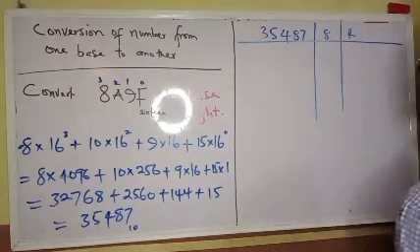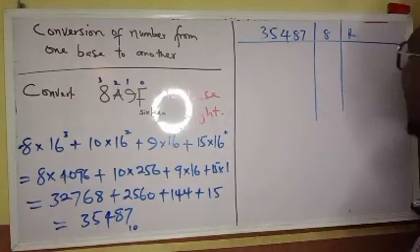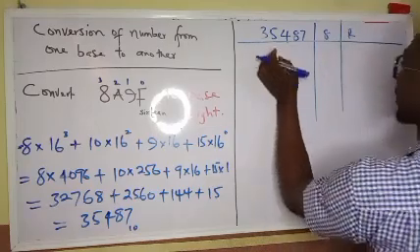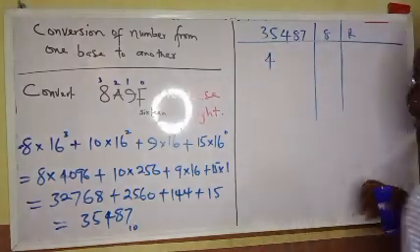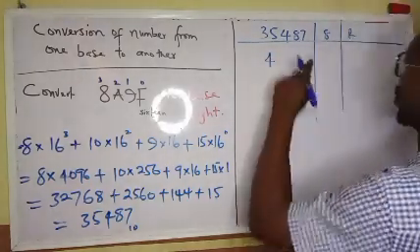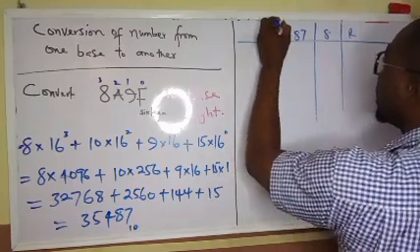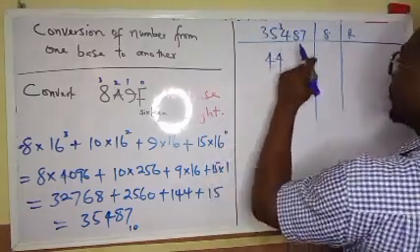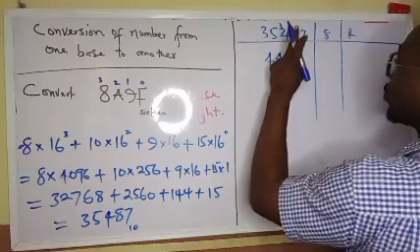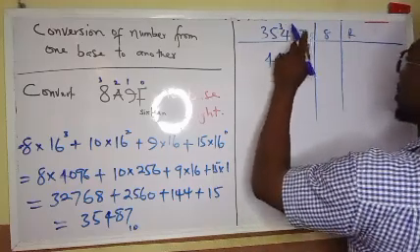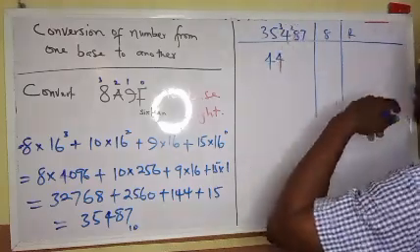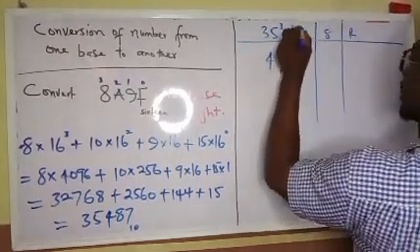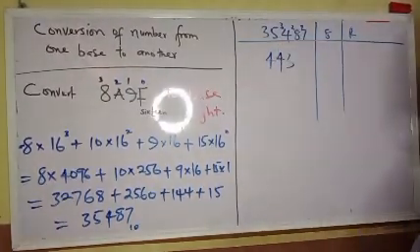How many times do we have 8 in 35? 4 times. 8 times 4 is 32, so we have remainder 3. How many times do we have 8 in 34? Also 4 times, remainder 2. Then 8 in 28: 8 times 3 is 24, so 3 times, remainder 4.